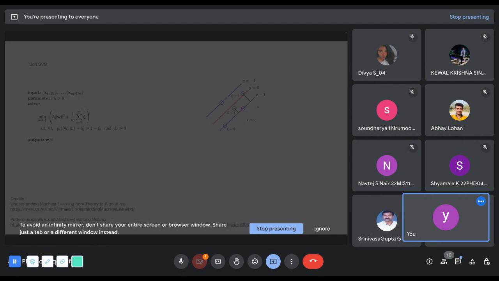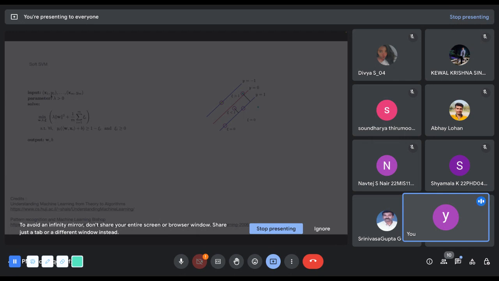Okay. So coming to soft SVM. In the bottom, these are the resources from which I have taken these pictures and equations. You can refer to these things. Soft SVM is a relaxed version of the hard SVM, so you can allow some mistakes, because when you have the data, it need not be separable.